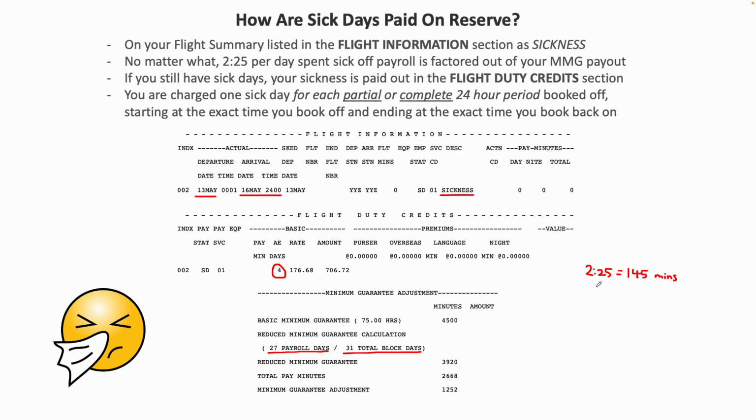And then what we can do is take 145 minutes and multiply that by the 4 days spent off payroll, and that is a total of 580 minutes.